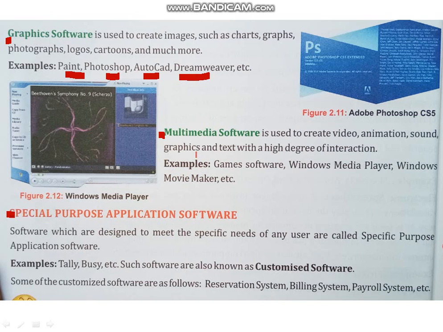So all these are possible with the help of multimedia softwares. The examples of multimedia softwares are game software, Windows Media Player, Windows Media Center, Windows Movie Maker, VLC Media Player, etc. There are many more multimedia softwares as you can find on the internet.